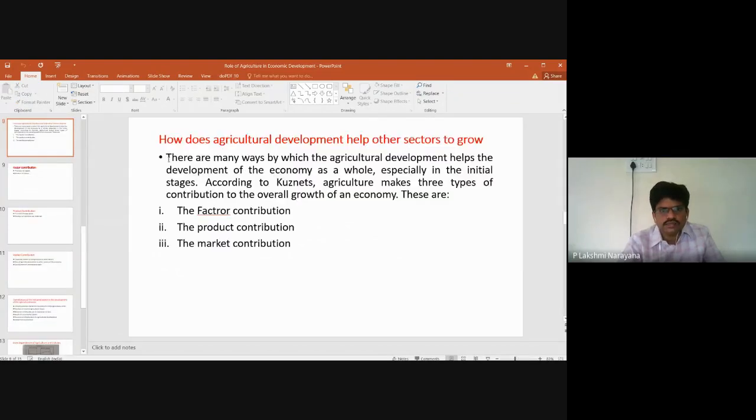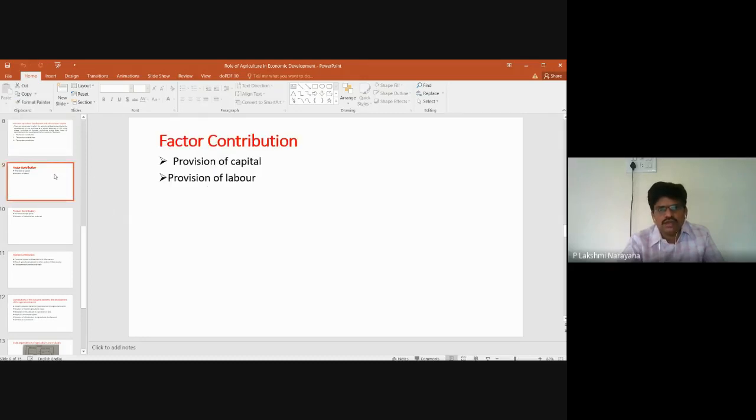So, according to Kuznets, agriculture's contributions are of three types: factor contribution, product contribution, and market contribution. Regarding factor contribution, one is agriculture providing capital to the industry sector and non-agriculture sector.